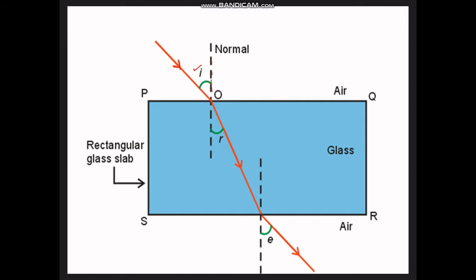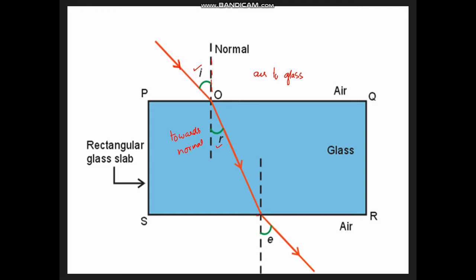Now, when light is falling obliquely on the glass slab, it is traveling from air to glass, so obviously from rarer to denser medium, so it bends towards the normal. Here this R is the angle of refraction.